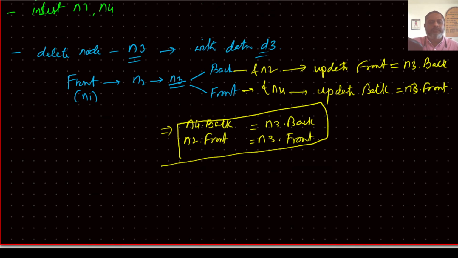So in all, N3's back is N2 and its front will be N3's front.